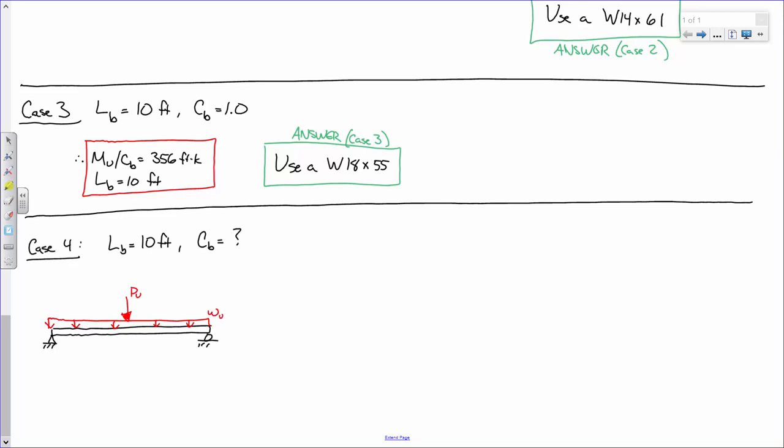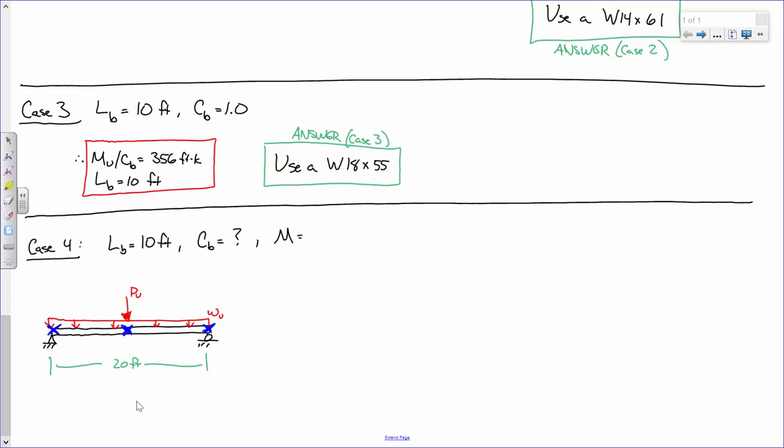With this one, however, we've got a brace there, a brace there, and a brace there. So we've added a brace, okay?